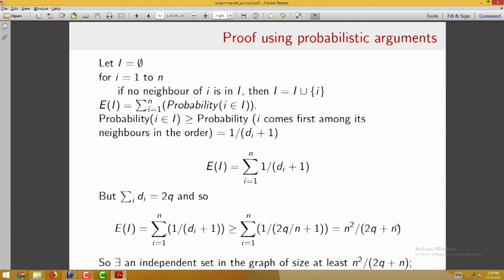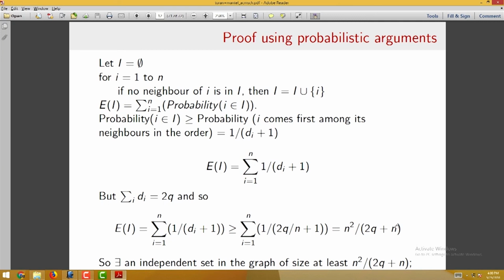Is it clear? If the average mark in the class is at least 75, there must be somebody with a score at least 75. If everybody is less than 75, how can the average be greater than or equal to 75? This is exactly saying that. Suppose the average size of the independent set produced by the algorithm is at least this much. There must be some independent set in the graph whose size is at least this much.